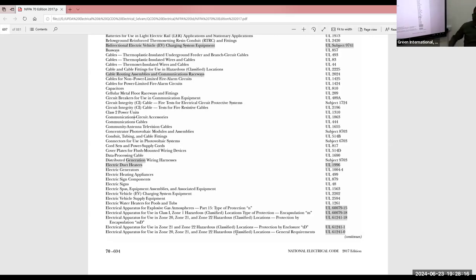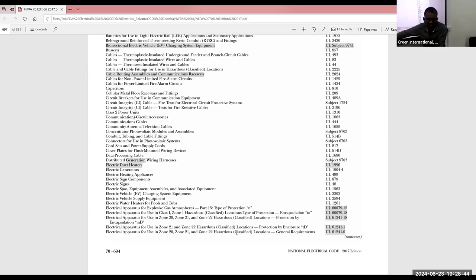Usually every standard has different chapters. Except for 70, in all other standards, chapter 1 is introduction, chapter 2 is referenced publications, and chapter 3 is definitions. These three are applicable to all the standards except 70. The 70 has a different structure: instead of chapters, here they use the word article.